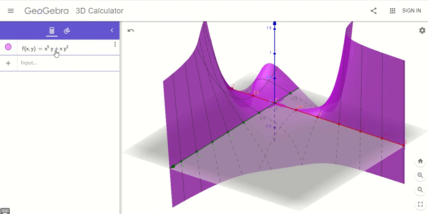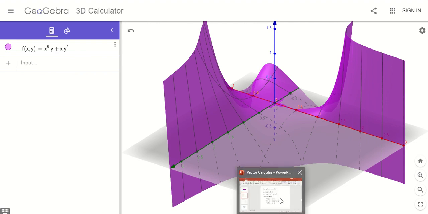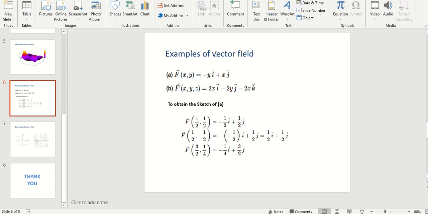So if I add the directions i, j and k, each particle becomes a moving particle. Now in a vector field we are adding this i and j, that is minus y into i plus x into j, that is we are just giving them the direction of it.